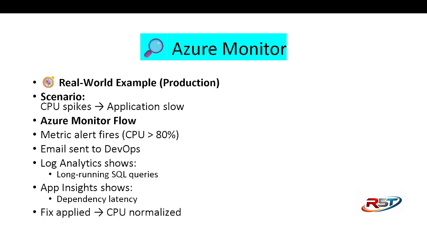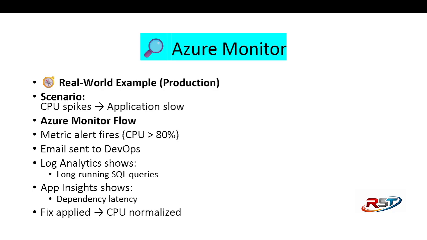And Log Analytics shows long-running SQL queries, so it will show that information. App Insights shows dependency latency: whether any application dependency has latency. All of those it will show.